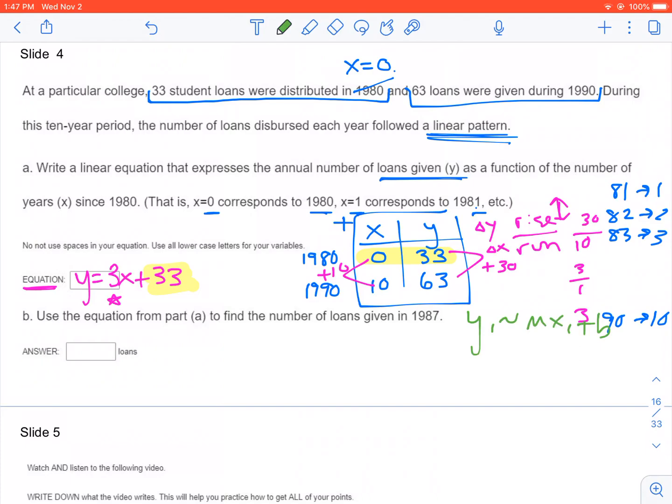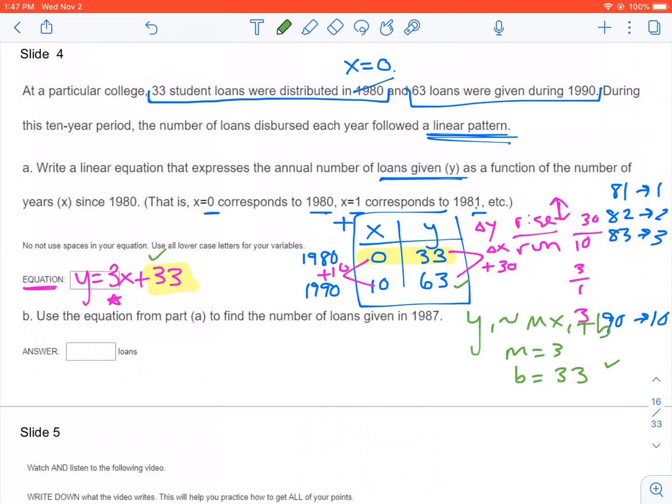You're going to need to show me what you're typing in because I cannot see your Desmos screen. m equals 3, b equals 33. And so by showing me what you have on Desmos, that will be your work to back up to give you all of your points for that question.